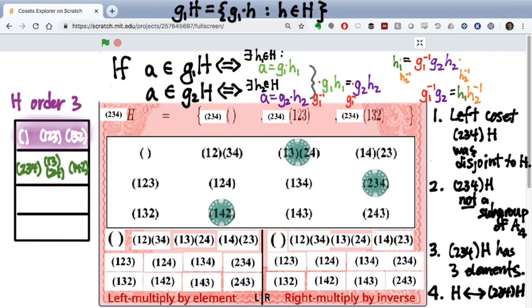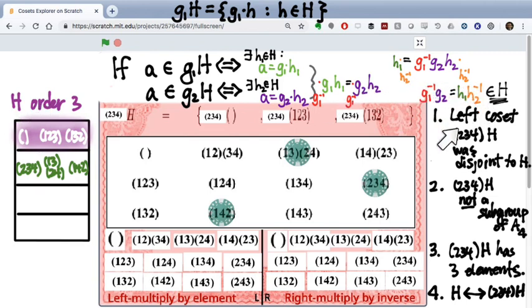Closure property for subgroups. Exactly, right. So the meaning of this last equation here, why it matters, is that we've now shown that if A belongs to two different quote-unquote cosets, G1H, G2H, then they can't be that different from one another. In particular, G1 inverse times G2 has to be an element of H.